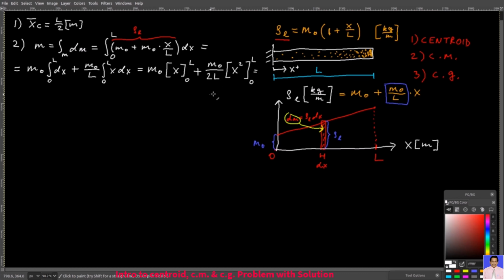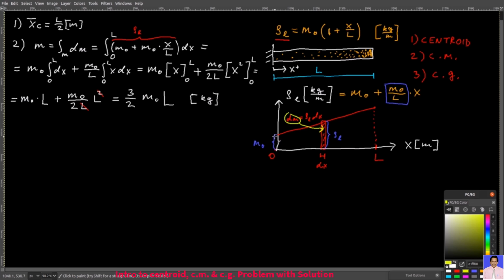Then you evaluate these two terms like this. And then this will be the result. You make some cancellations, and you're left with this result. And that's your total mass in kilograms. That's the mass of the beam. Suppose that you have some kind of number for m0 and L. If you plug them in, then you will have a real number for the mass of the beam.